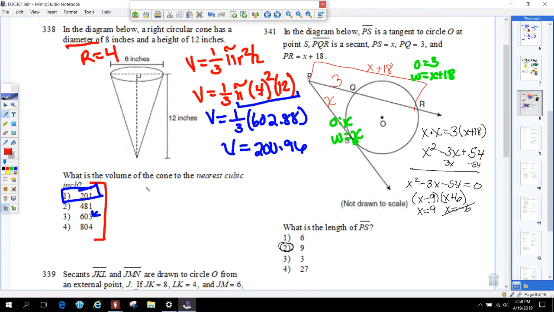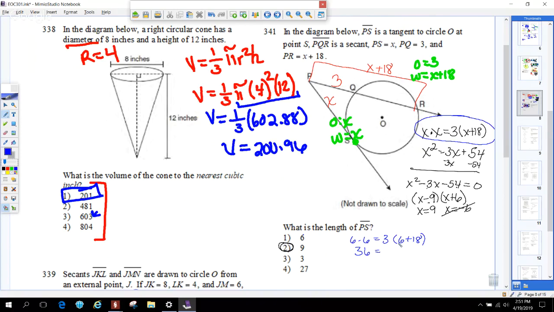Let me show you the easy cheating hack way to do it. If you know this formula right here, you're pretty much set, all you have to do is plug this stuff in. So you've got 6 times 6 equals 3 times 6 plus 18. Well, 6 times 6 is 36.